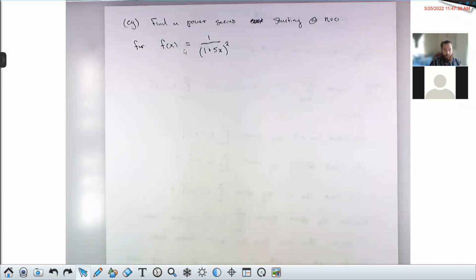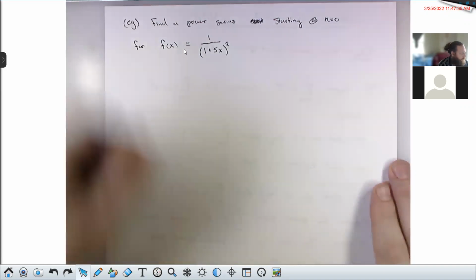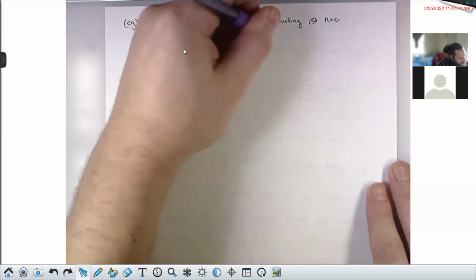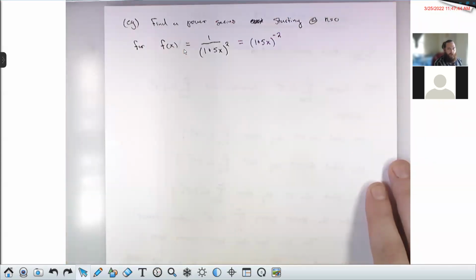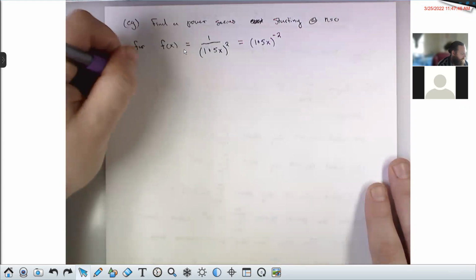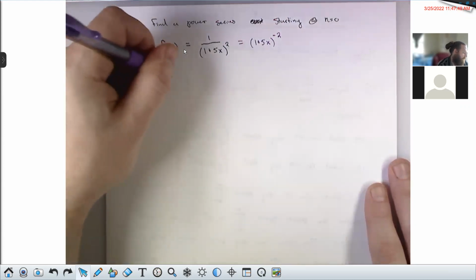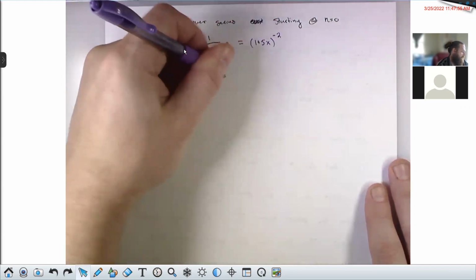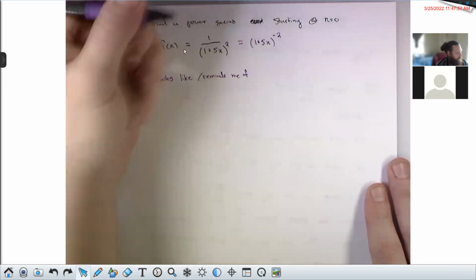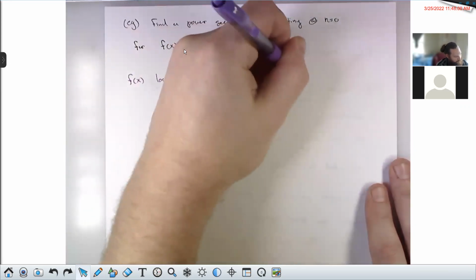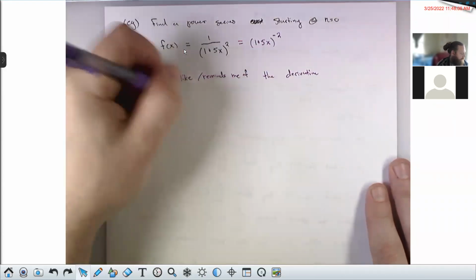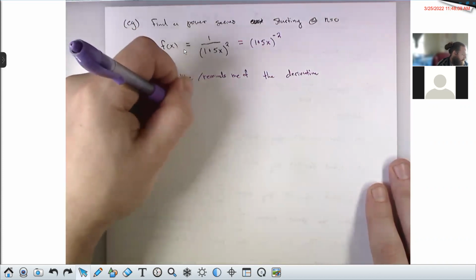Now here's how I like to solve these. Thinking about the chain rule, right? This is 1 plus 5x to the negative 2. I would say that this thing, f of x, looks like, or reminds me of, the derivative d/dx of 1 over 1 plus 5x.